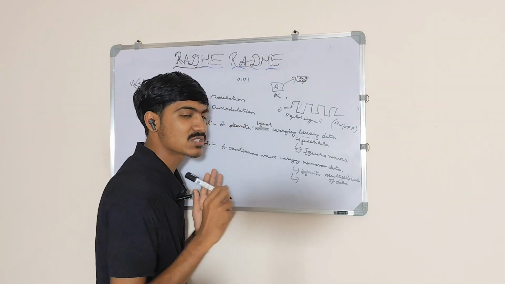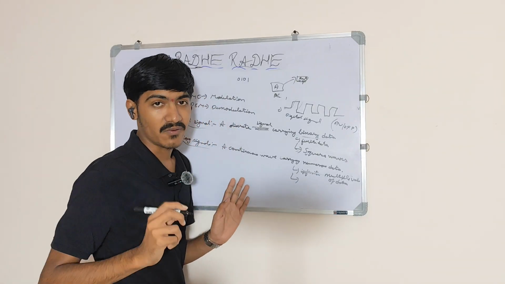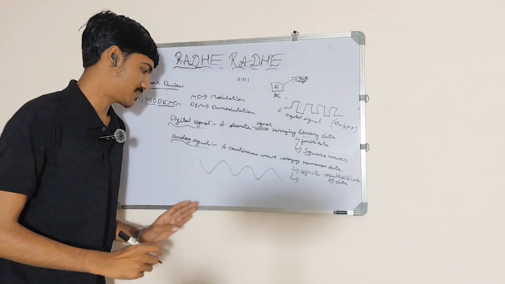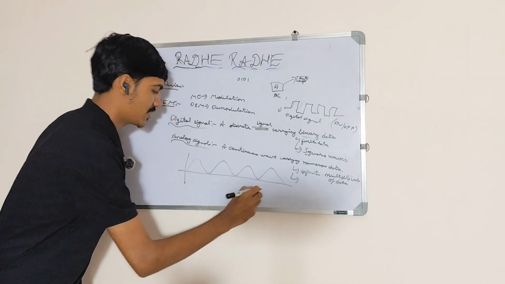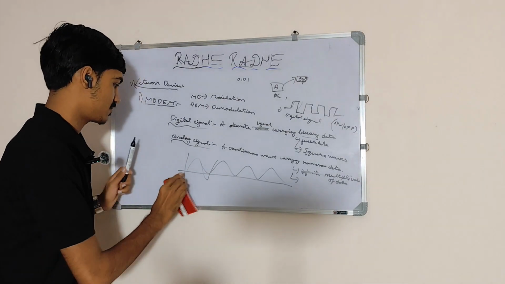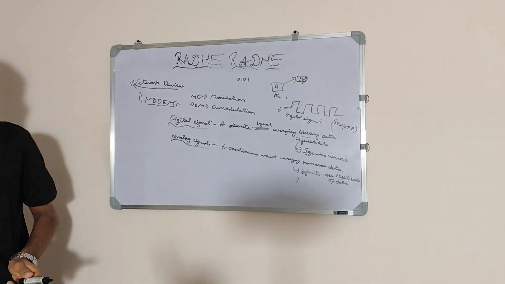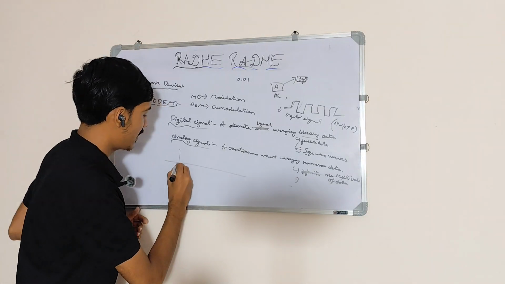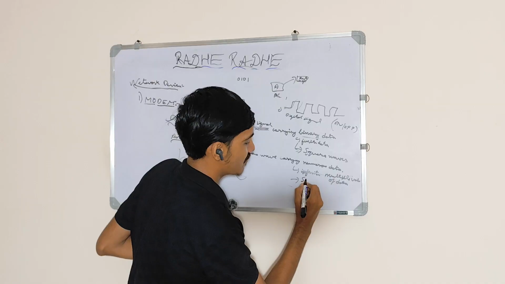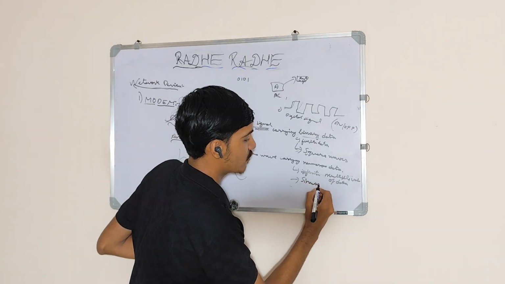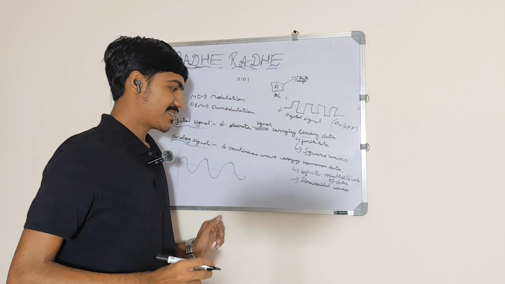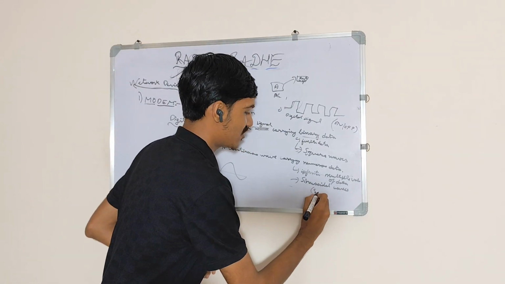These are mostly represented by sine waves. Analog signals are represented by sine waves, actually called sinusoidal waves, but as a shortcut it's a sine wave.